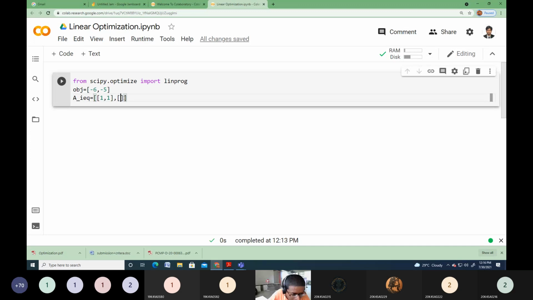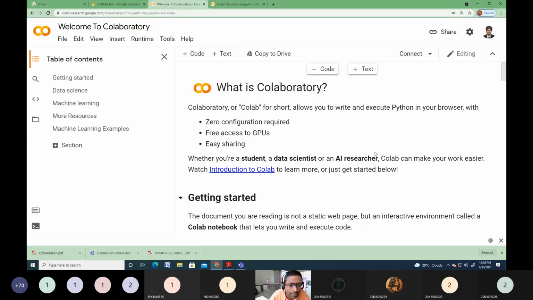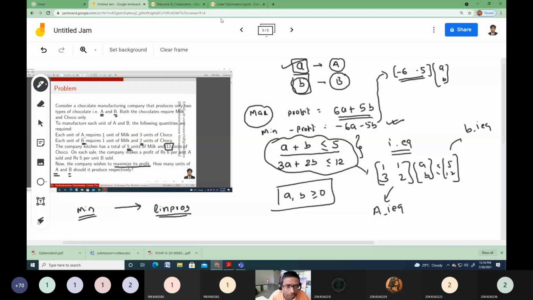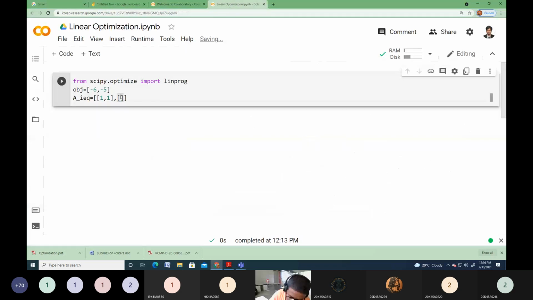Next, take the second row. What is the second row? 3 comma 2. Good. So here 3 comma 2. That's it. Now A underscore IEQ is a variable which holds the coefficients available in the inequality constraint equations.